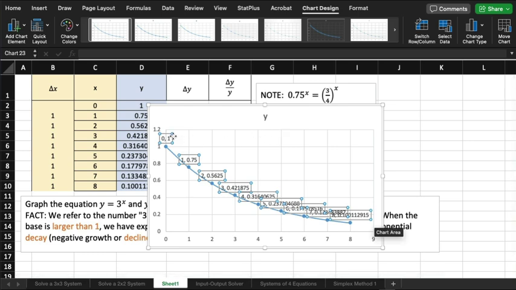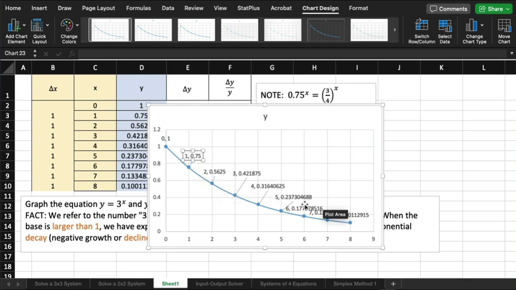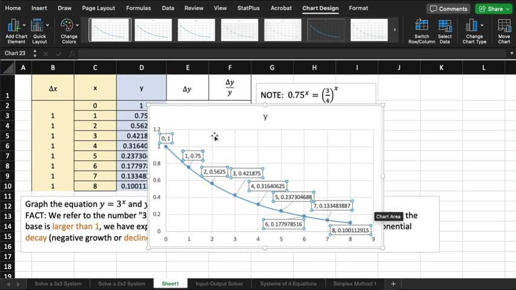And you can even move them around if they're kind of getting in each other's way. You can move them around so that they're not in each other's way. Kind of like this. Just move them around as you need to, because then you're going to make an image of this. You can make a picture out of this.